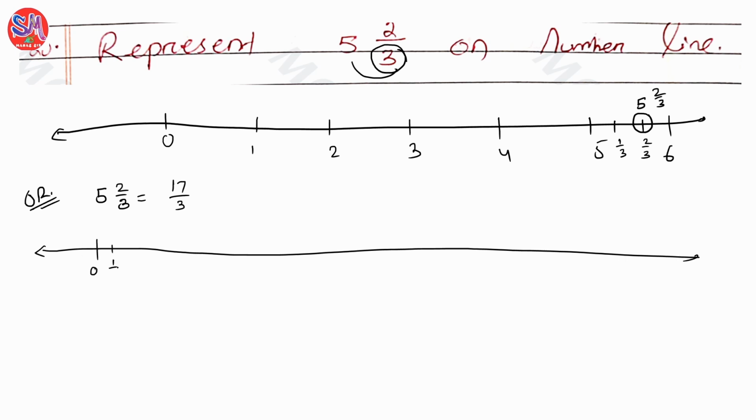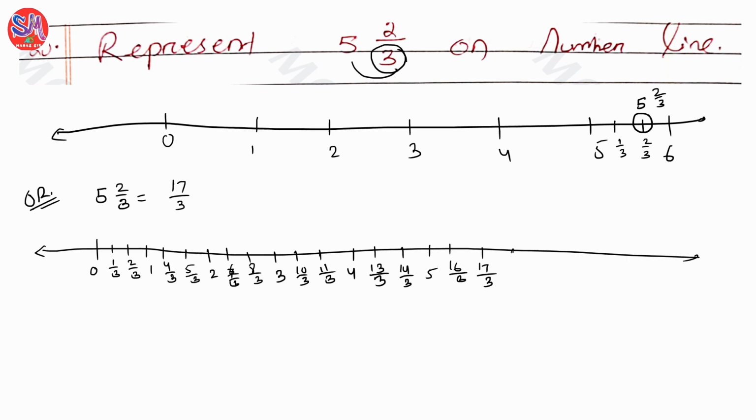Now 1 by 3, 2 by 3, 1, 4 by 3, 5 by 3, 2, 7 by 3, 8 by 3, 3, 10 by 3, 11 by 3, then 4, 13 by 3, 14 by 3, then 5, 16 by 3, 17 by 3, then 6. Then which one is 17 by 3? This one.